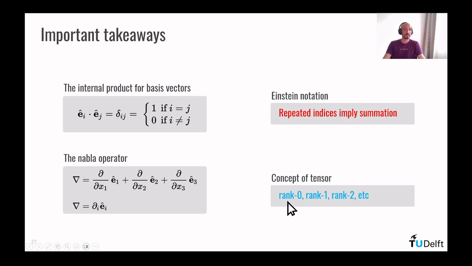Rank 0 tensor is a scalar. Rank 1 tensor is what we call a vector. Rank 2 tensor, we often call it just a tensor. But we can have rank 3 tensor, rank 4 tensor, rank 10 tensor. For a rank 10 tensor, each component will be associated with 10 different directions.